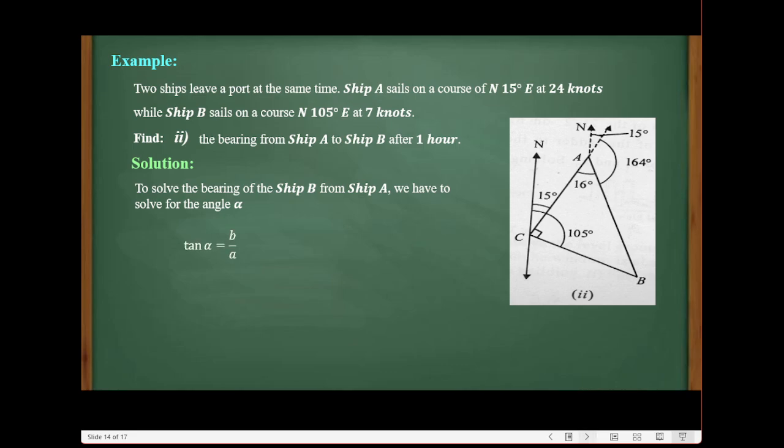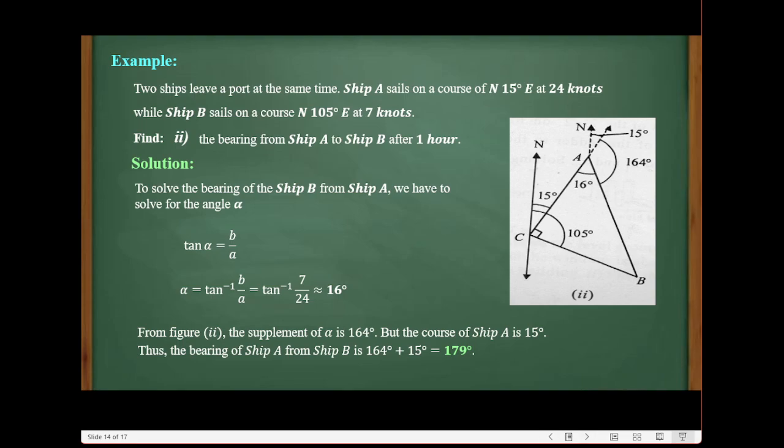So tangent alpha is equal to b over a. So alpha is equal to the arc tangent of b over a, that is 7 over 24.